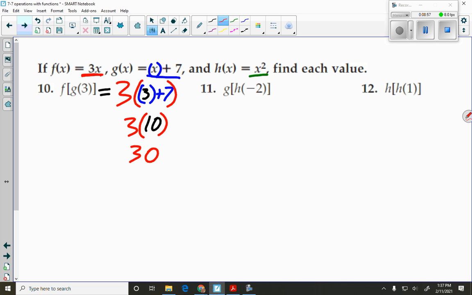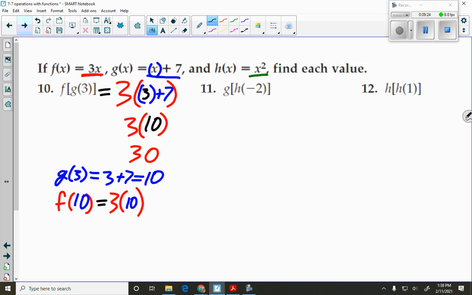Or if you like to do it separately, you can just start with this, with g of 3 is 3 plus 7, which equals 10. Then you can say, well, then I want to use f of what? F of the 10 that I just got equals 3 times 10, which equals 30.